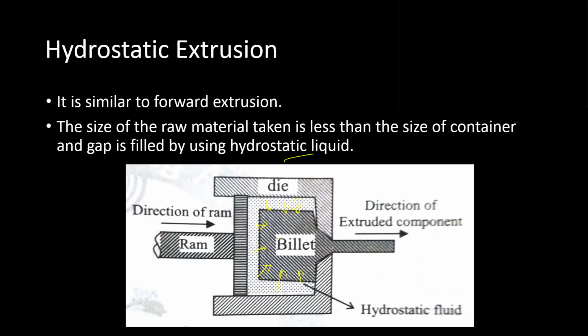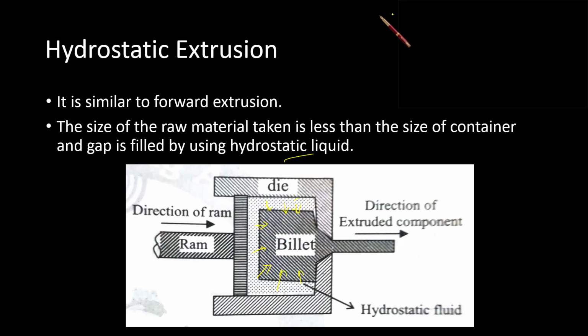The only problem with hydrostatic extrusion is, although it is a very nice process, the force to be applied is very high. So you can understand there is a chance of leakage of this liquid, right? There is a chance of leakage from here and from here. So while designing this hydrostatic setup, you have to be very careful.